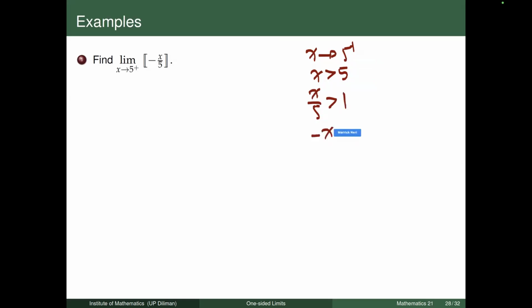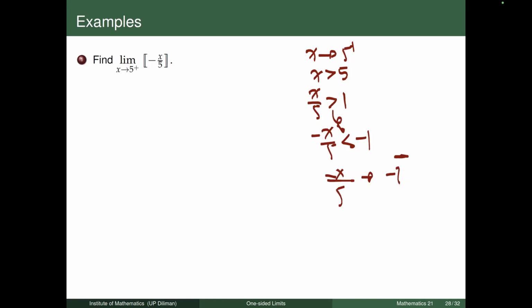So negative x over 5 is less than negative 1. Rule on signs: when you multiply by a negative sign, the inequality changes direction. So as x approaches 5 from the right, negative x over 5 is approaching negative 1 through lesser values.